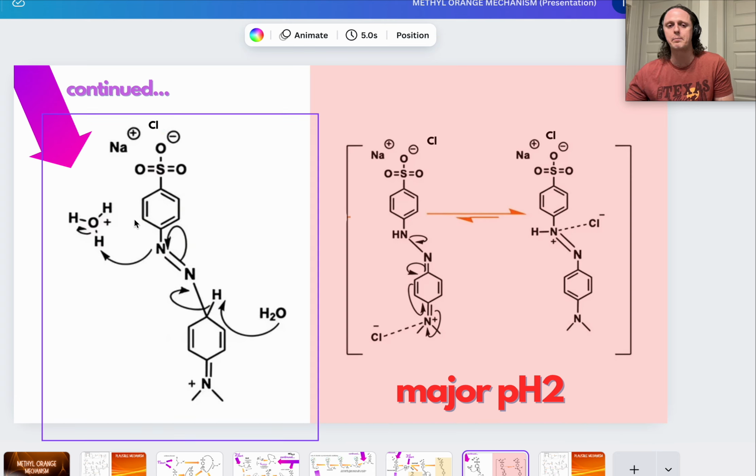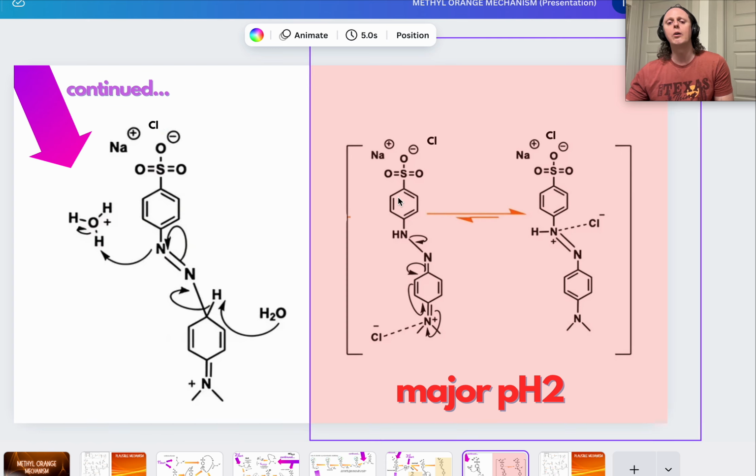The reason being is it allows for the most resonance to continue. So we got it all the way up here and here, even in the hydronium ion, there's some shifting there, and then all the way down again. And we will now have the chlorine stabilizing that sodium there.